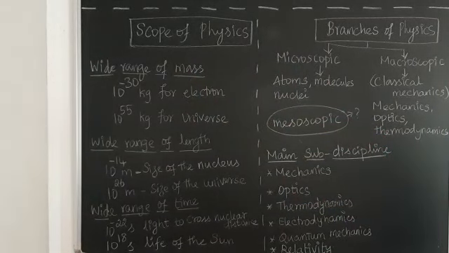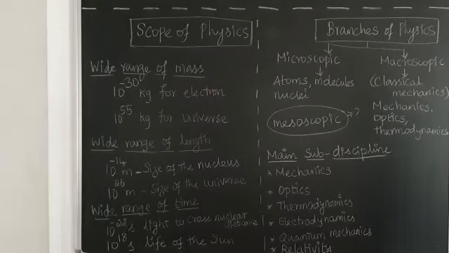Moving on to branches of physics. In physics there are two major components, microscopic and macroscopic. Microscopic means we deal with smaller, tiny particles, and macroscopic means the particle size is much greater.